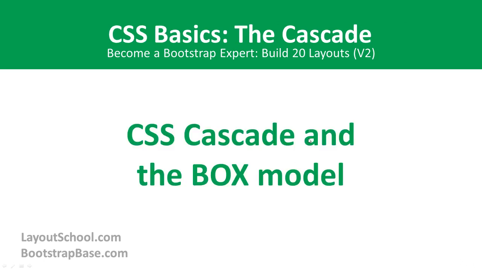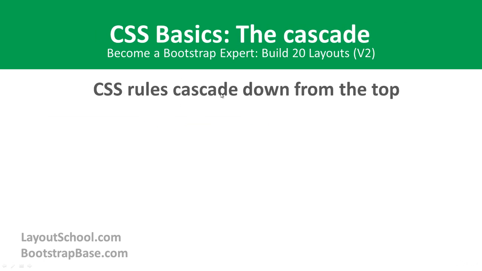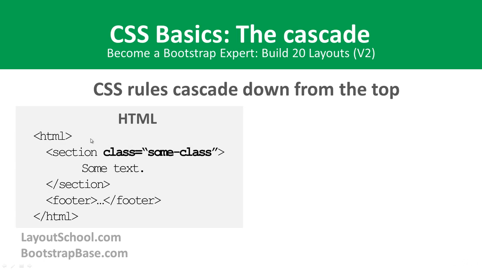Okay, so that leads us to CSS cascade and the box model. CSS rules cascade down from the top. So basically, starting at the top of our HTML structure, all the rules that we provided are going to be used on the remaining elements in our HTML structure unless overridden.